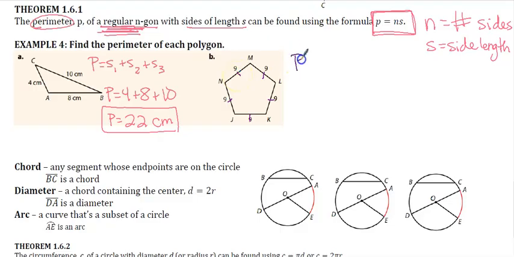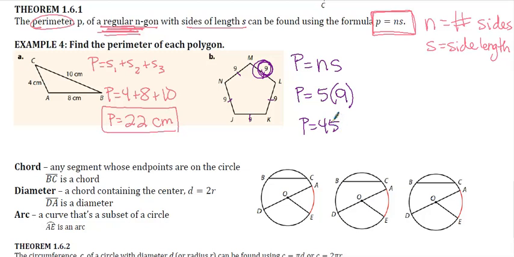Or I can just say that P is equal to N times S, which is the number of sides, there are 5 of them, times the side length. The side length is S here, but it's actually 9 in the polygon. So our perimeter is 5 times 9, which is 45.